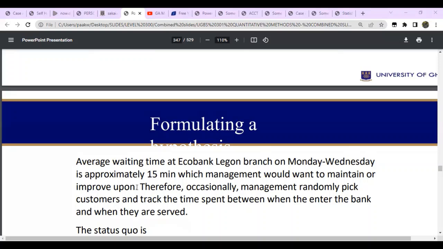They perform the test using a sample, because they are going to test whether the waiting time is approximately 15 minutes or not. So they randomly pick customers and track the time spent between when they enter the bank and when they were served. All right.